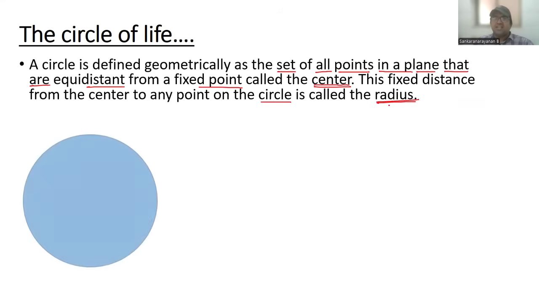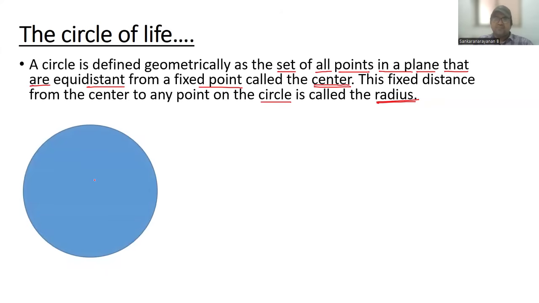So let's consider the circle here. I am considering the center of the circle here. Generally, the center of the circle is represented using the letter O. I am considering a point P that is lying along the circumference of the circle. Let me now join OP. So OP is a segment.